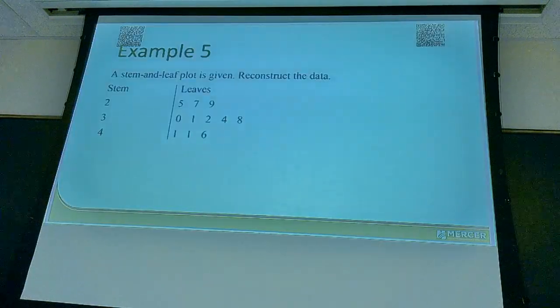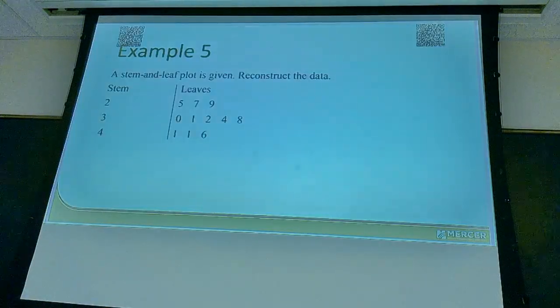We're broadly going to have two possibilities. The stem could be tens, the leaves would be units, and then the stems would be everything else. Or it's possible that the leaves are the tenths place. We don't know. I'm going to work under the assumption that these are whole numbers. What are the data points?